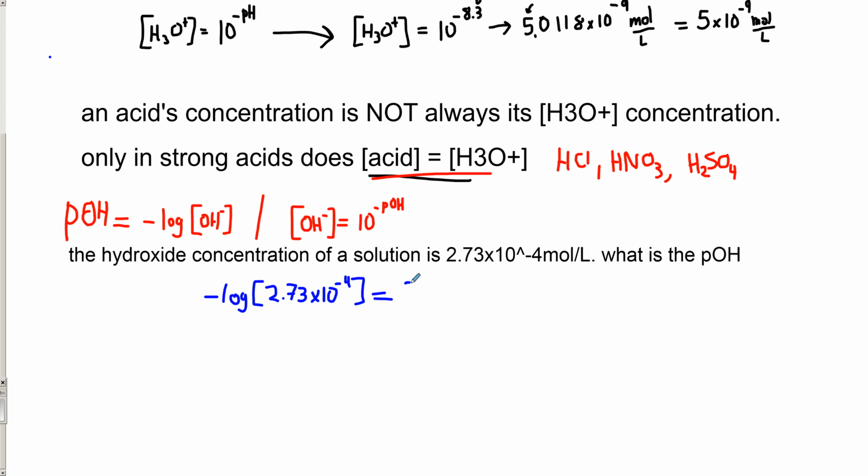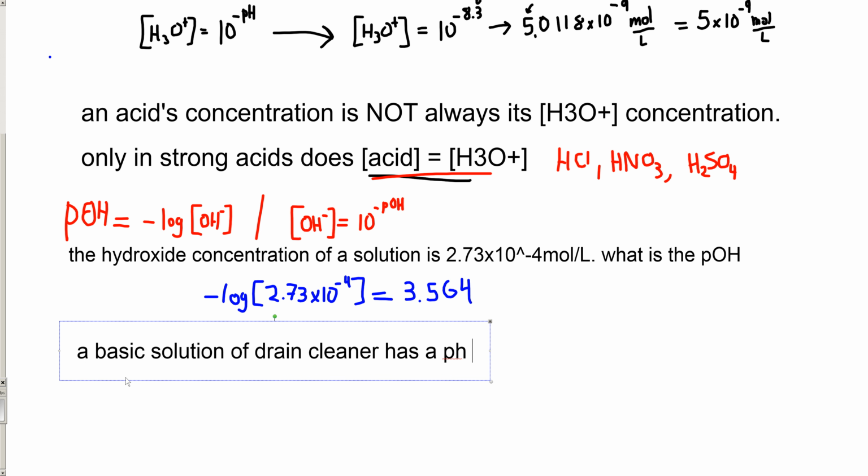And to go backwards, OH minus. So a solution of drain cleaner has a pOH of 2.68.